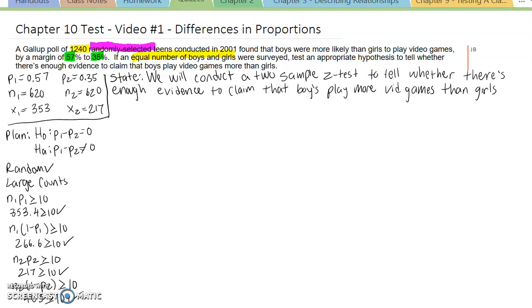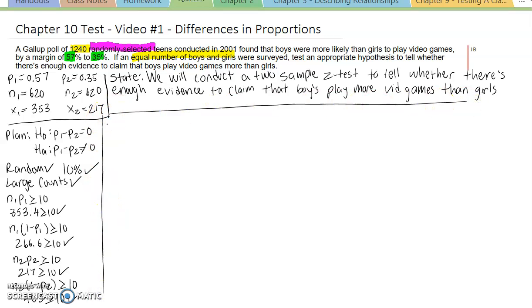So our large count is met, and then also our 10% condition was met. So next we are moving on to the do portion because our planning all worked out.